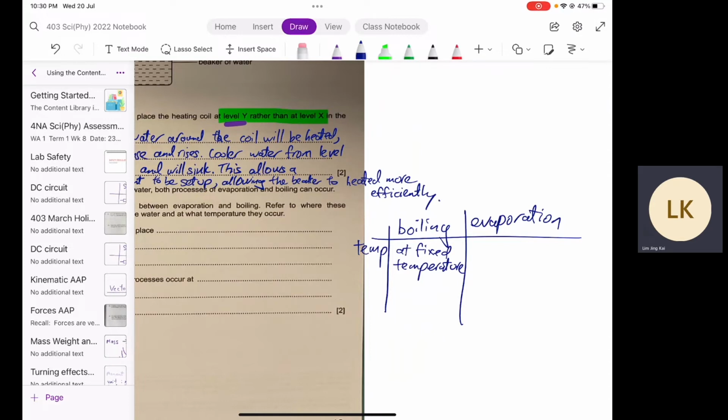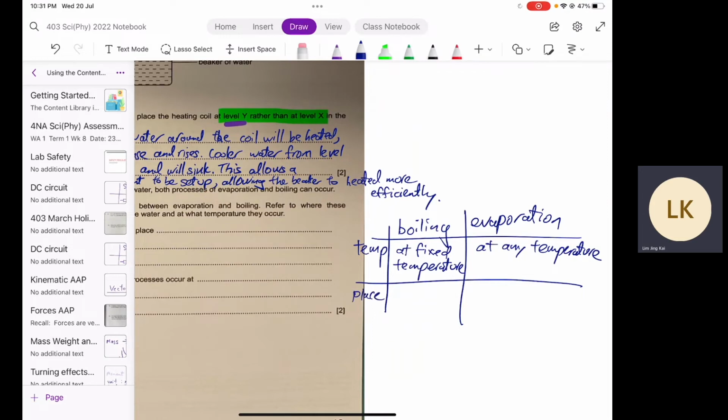So you cannot say that boiling occurs at 100 degrees Celsius. Rather, you should be saying that boiling occurs at a fixed temperature. For evaporation, it can take place at any temperature. So that's the difference for temperature.